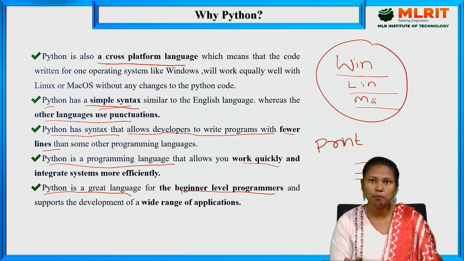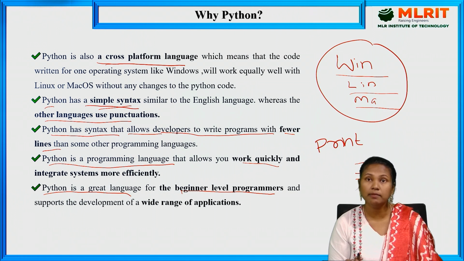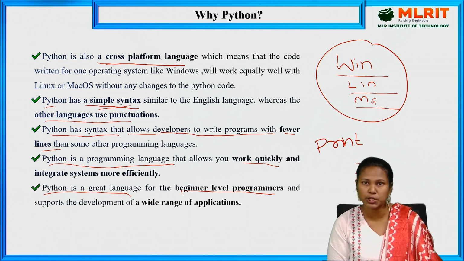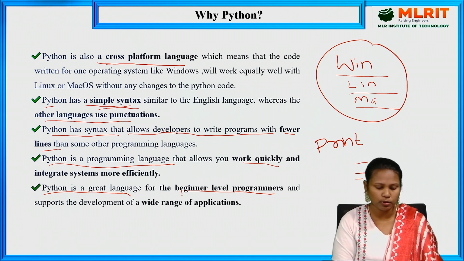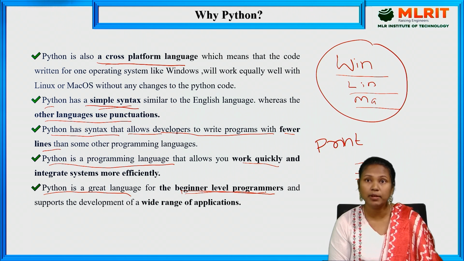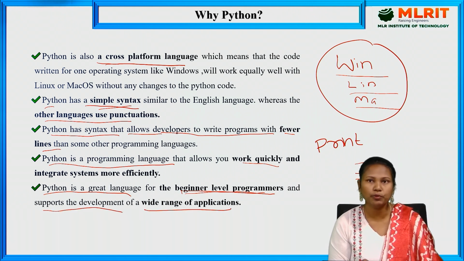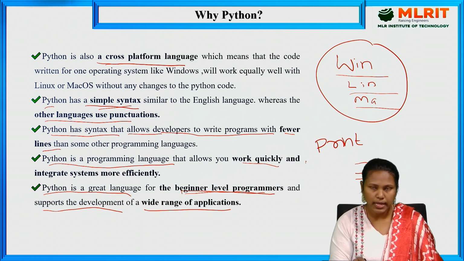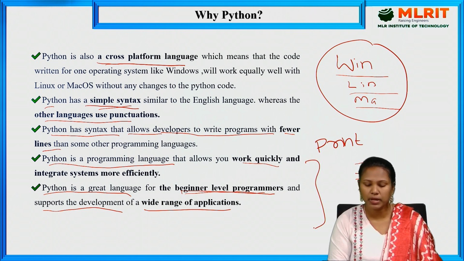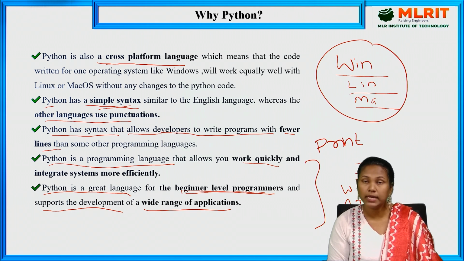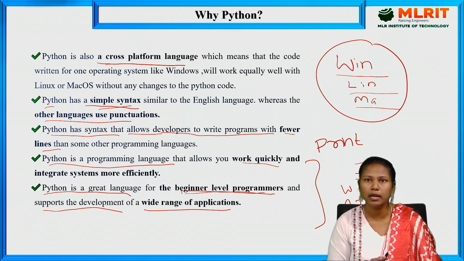We can simply learn Python. Even first-year students learn Python because it is beginner level, and it supports the development of a wide range of applications. With the help of Python, we can develop web applications, AI applications, robot applications, gaming applications, and so many more.